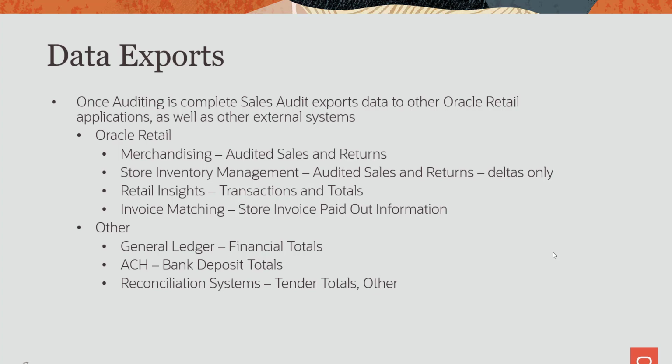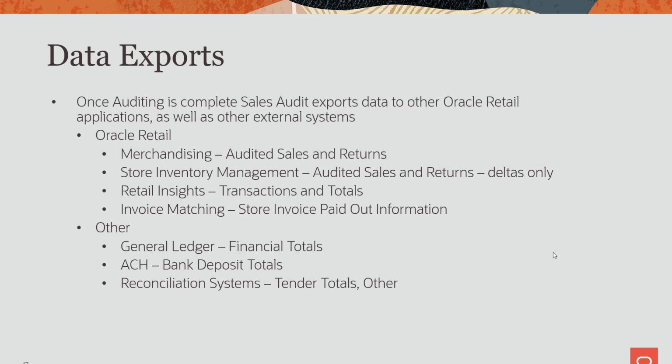Store inventory management receives any changes made to transactions that impact on-hand quantities. This is used to correct the unaudited sales that are sent directly to store inventory management from point of sale.